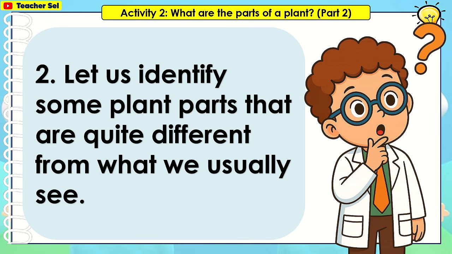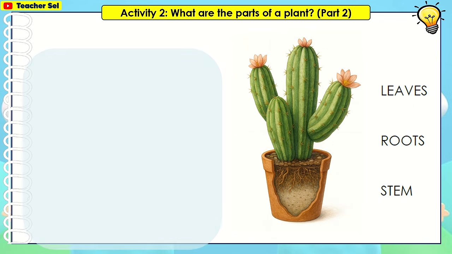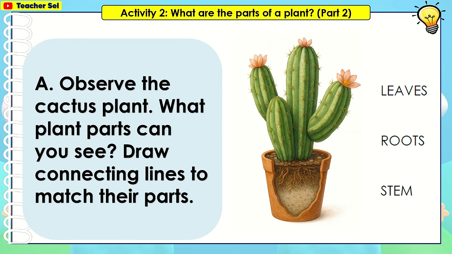Let us identify some plant parts that are quite different from what we usually see. Observe the cactus plant. What plant parts can you see? Draw connecting lines to match their parts.